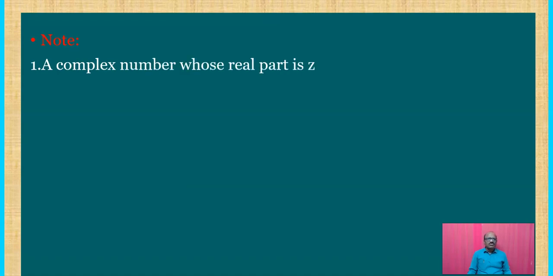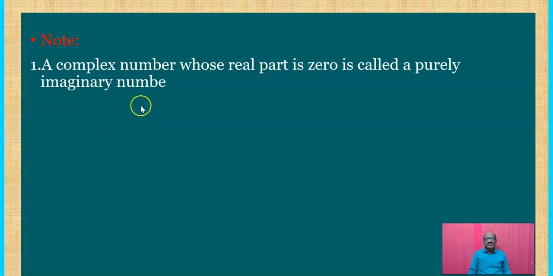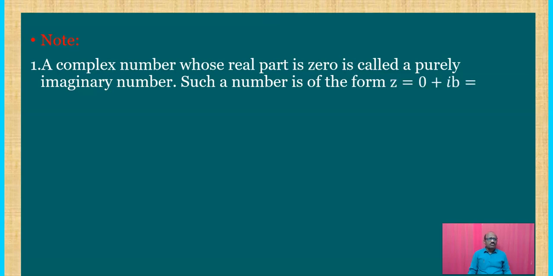Note that a complex number whose real part is 0 is called a purely imaginary number. Such a number is of the form z = 0 + ib = ib.